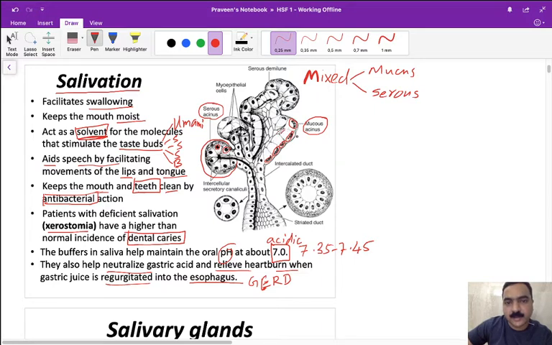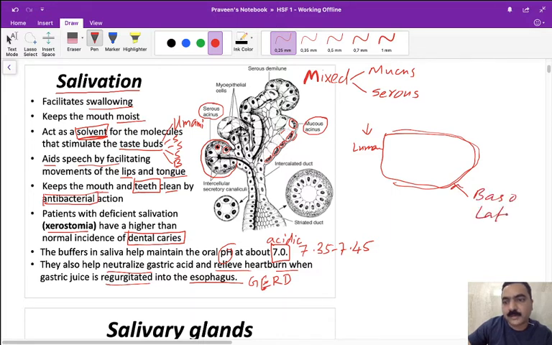When you take a cell, this is your cell and this is your lumen. This whole part is referred to as the basolateral side, and this is the luminal side.